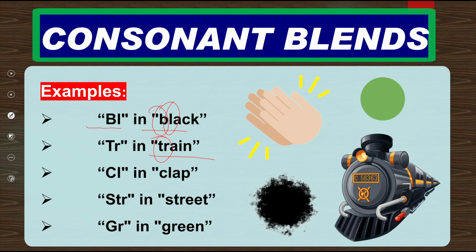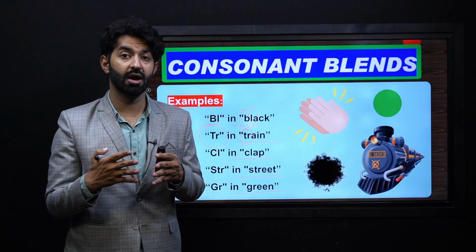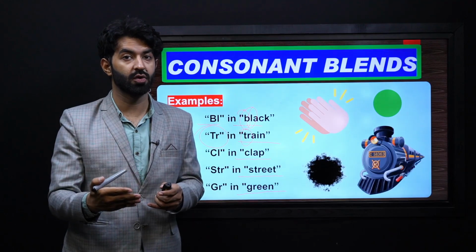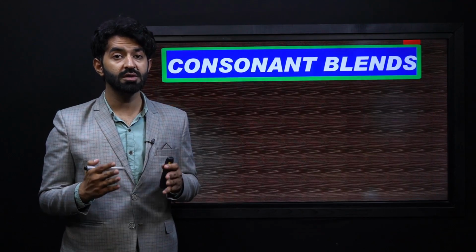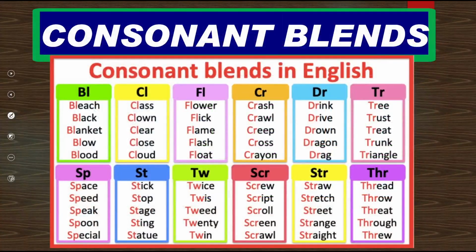This is a consonant blend and we pronounce each sound in the word train. In clap, street, green, you can see that at the start two consonants are together and they are giving two sounds individually. This is what we call consonant blends. Now let's see how many consonant blends in English we have.